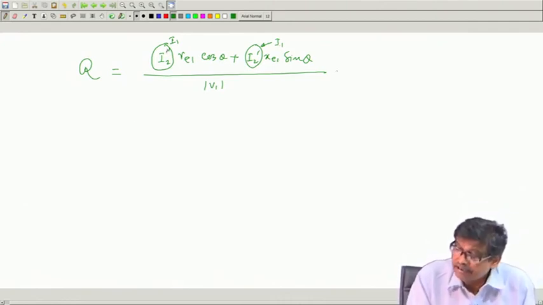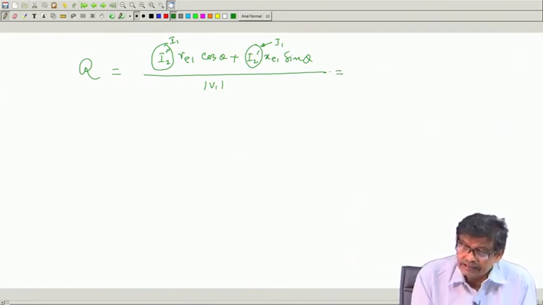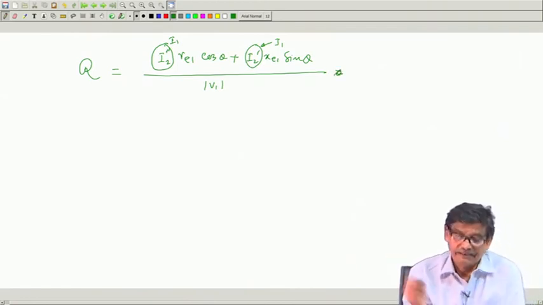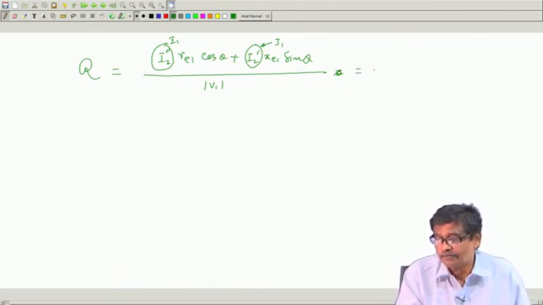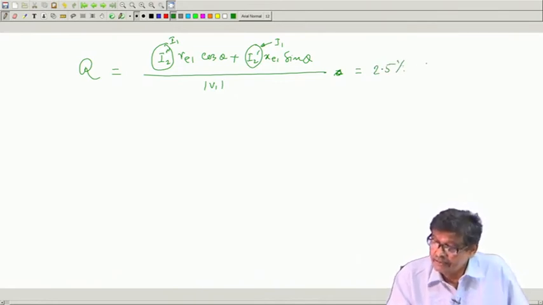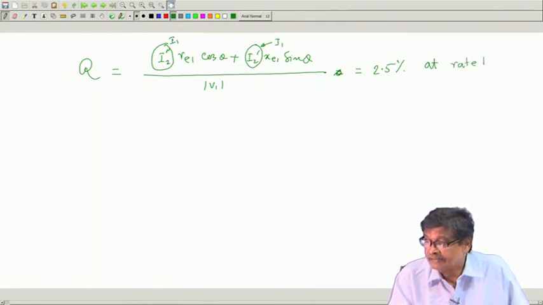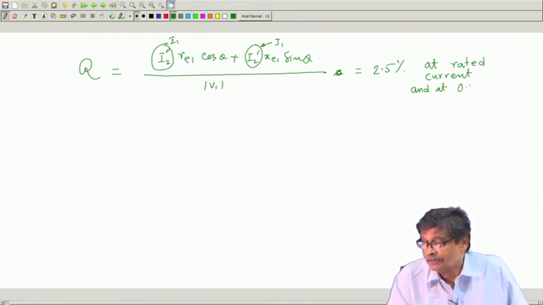Now, along with this number, whatever you get, say 2.5%, I must write at rated current and at 0.7 power factor lagging.